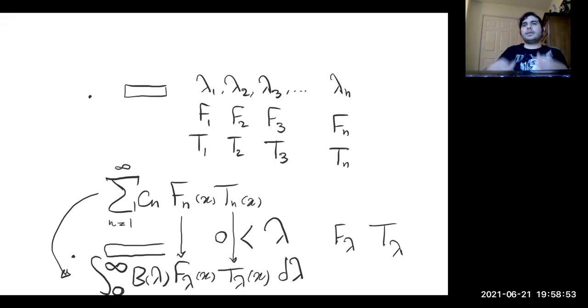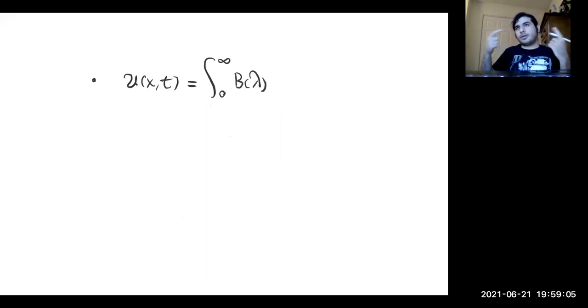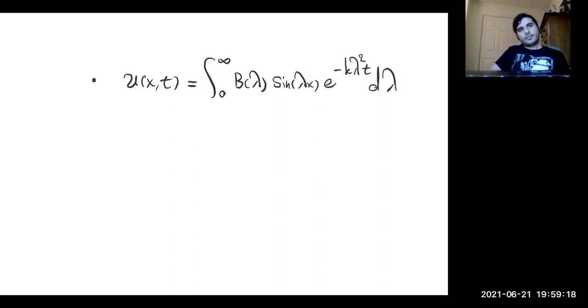So that would be the general form of the solution. So u of x and t would be the integral from 0 to infinity of b lambda, the coefficient. This plays the role of Cn in the linear combination in the previous case. Sine of lambda x, e to the minus k lambda squared t, d lambda. So this is the general form of the solution we can find here.